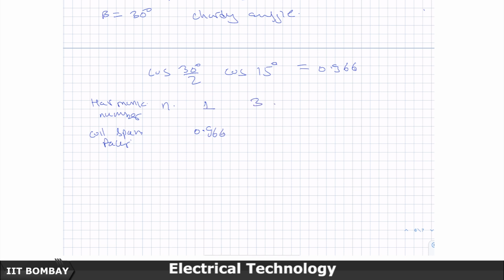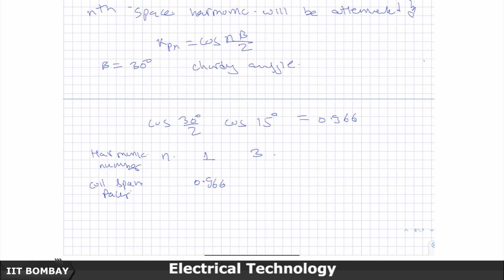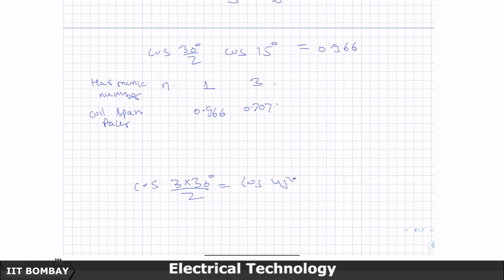If I look at the third harmonic, it is cos of 3 into 30 degrees by 2, or cos of 45 degrees, so I will get a better attenuation of the third harmonic. So, I will get 0.707.